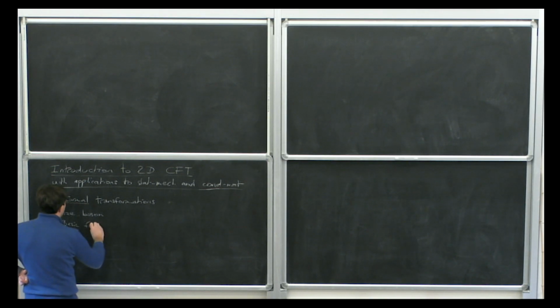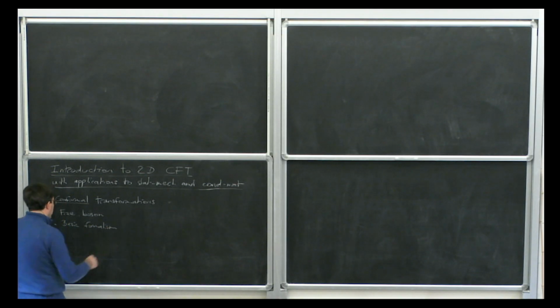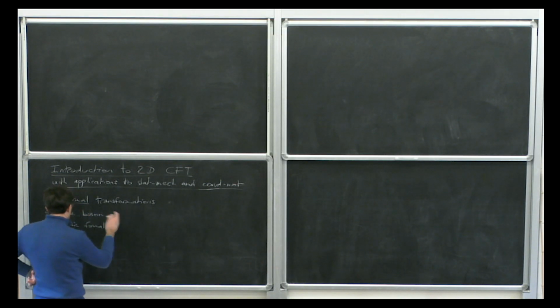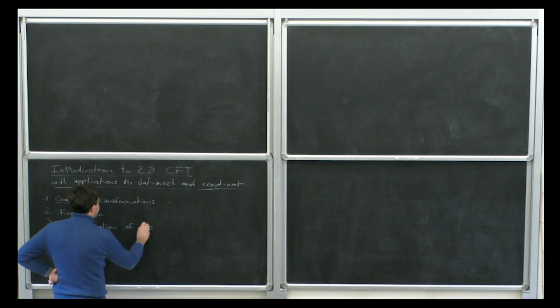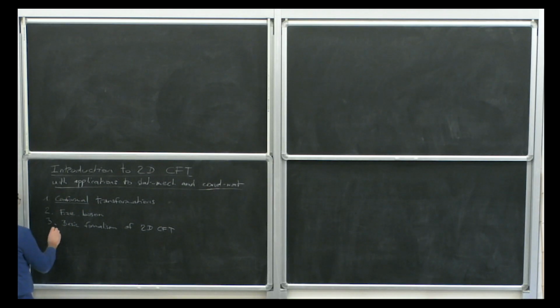We'll talk a little bit more about the general structure: stress tensor, central charge, and things like that, for those of you who have heard these words before. This might take 2 lectures, we'll see. So this will be probably lectures 3 and 4.